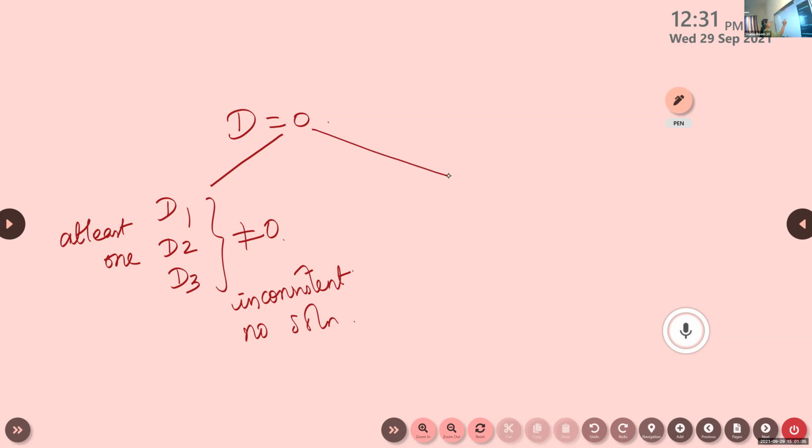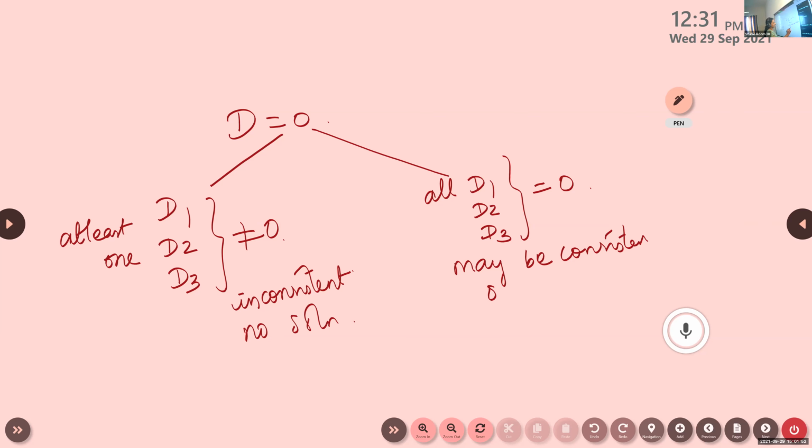That means no solution. And if D is 0 and all of D1, D2, D3 are equal to 0, then we can say it may be consistent or inconsistent.